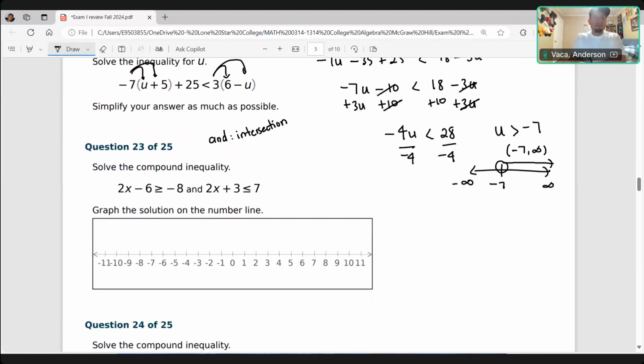Here we have an inequality, and here we have another inequality. This inequality is going to have its own graph. This inequality is going to have also its own graph. But what we are looking for is the "and," the intersection of the solution sets.